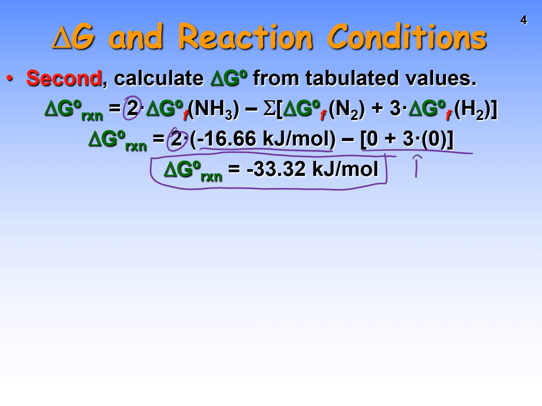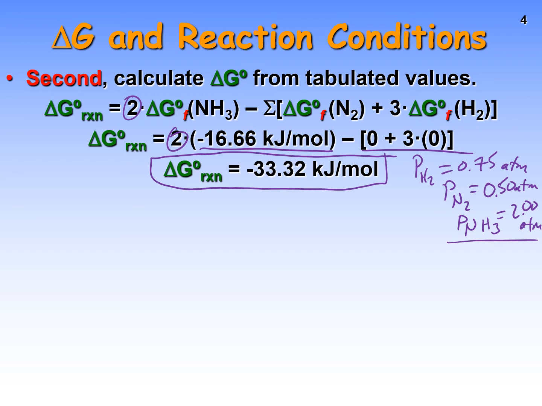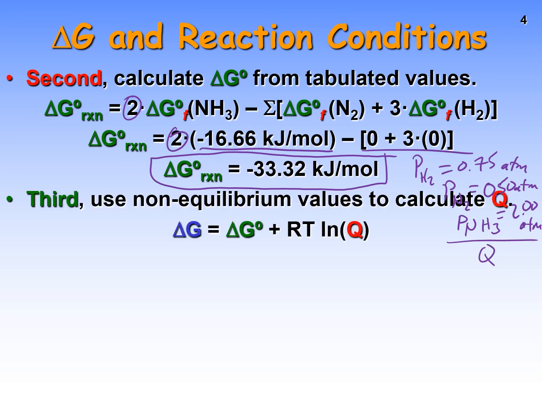Now we were also told that the pressure of hydrogen was 0.75 atm, the pressure of nitrogen was 0.5 atm, and the pressure of NH3 was 2 atm. All of these we can use to get Q. We know Q is always equal to the products over the reactants.